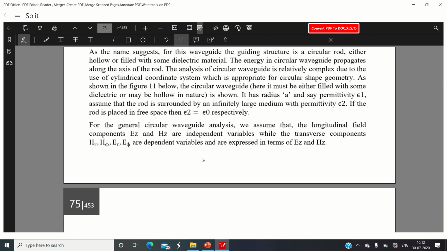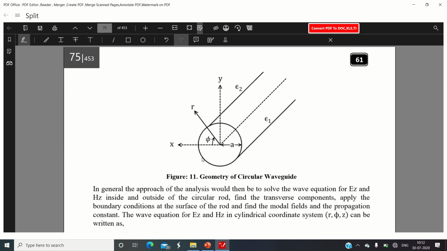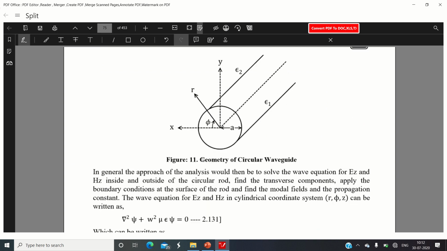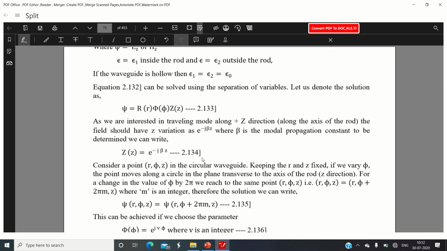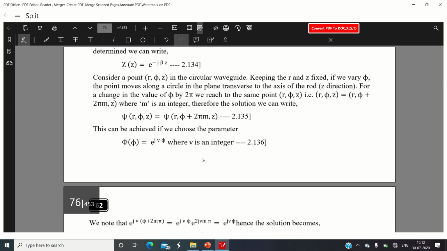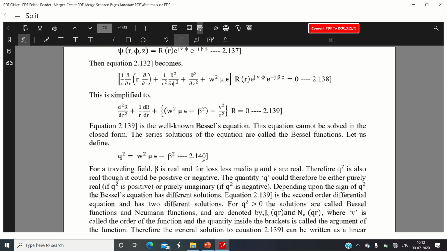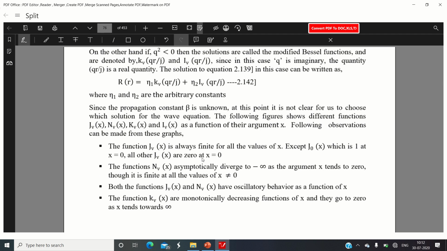Okay, so let us come to the similar technique and investigation of field component equations for the circular waveguide. We already derived the field equations for the circular waveguide separately in TE mode as well as in TM mode in our previous lectures. Okay, so let us investigate.